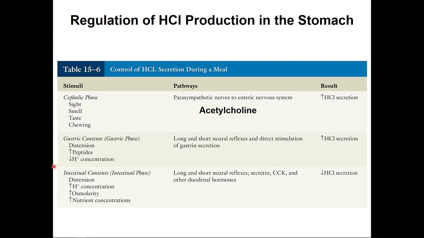We know the pH in the small intestine should be neutral, or it could be slightly acidic, neutral, or slightly alkaline, but regardless, it's much more alkaline than the stomach in the duodenum. So the first thing I wanted to focus on is then the proton concentration. With high proton or high acid, that's a problem. The small intestine shouldn't have that, like I said. So that will actually trigger the stomach to stop HCl secretion at that point.